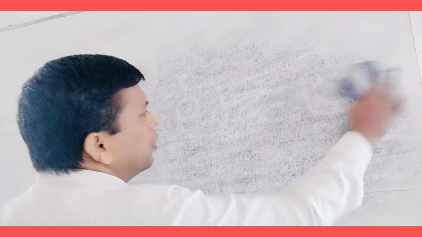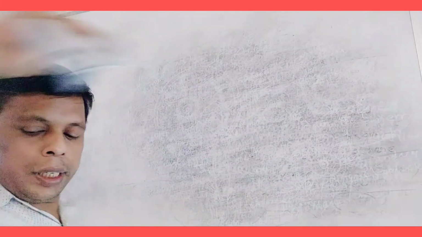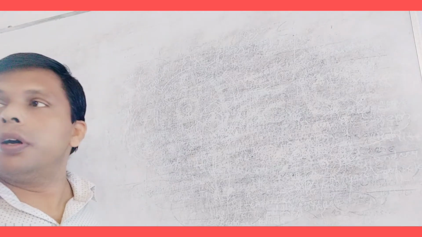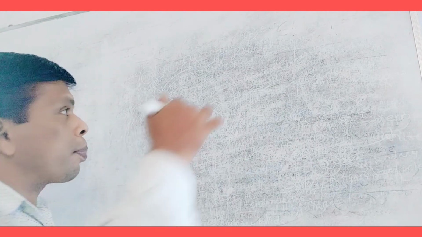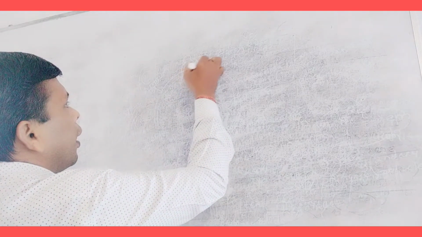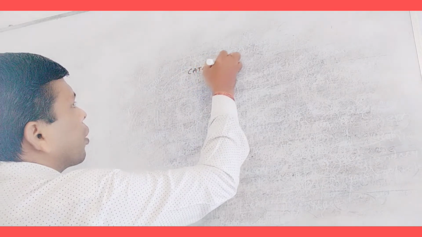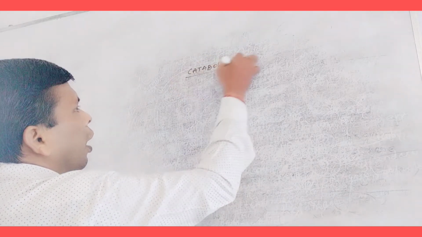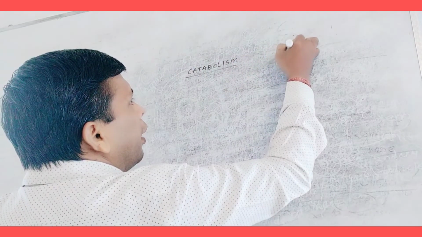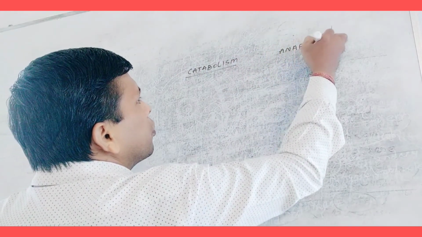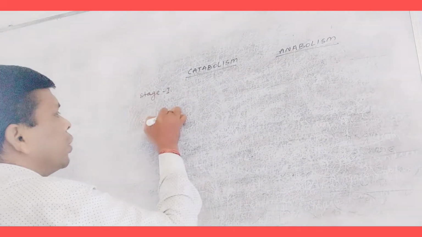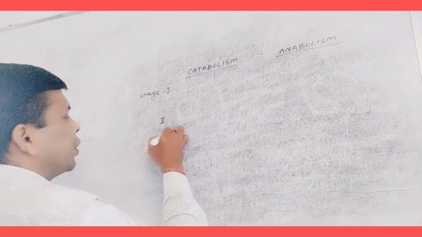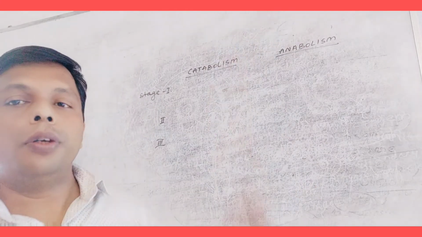Amphibolism is a dual process. During anabolism, new molecules are synthesized. So, here catabolism and anabolism: we will discuss the 3 stages.